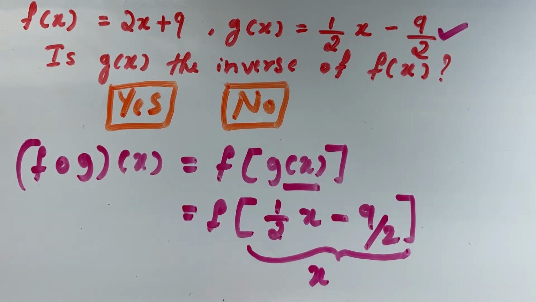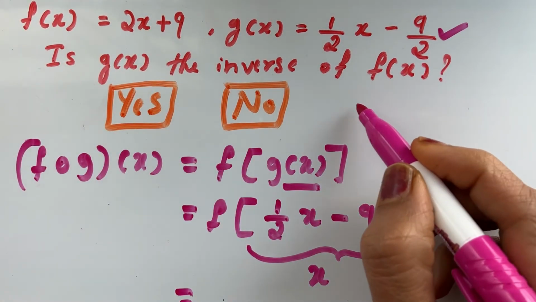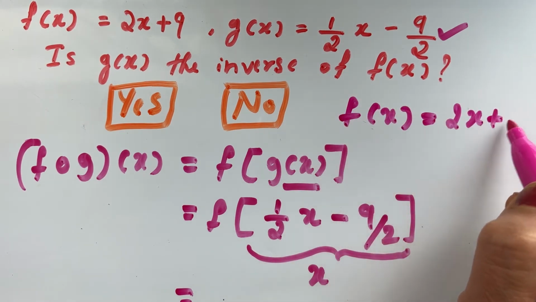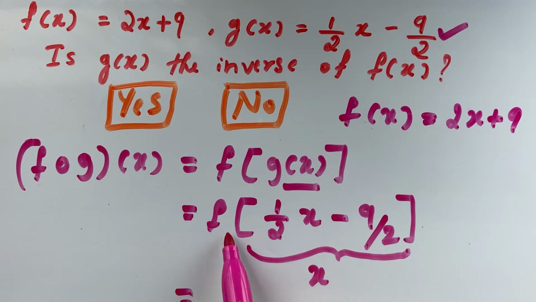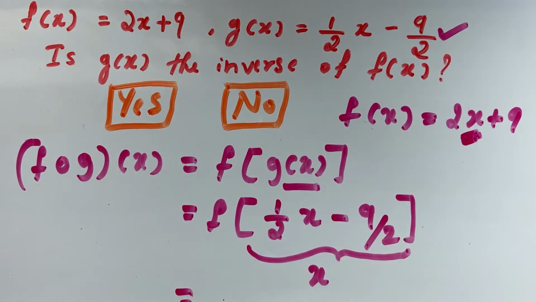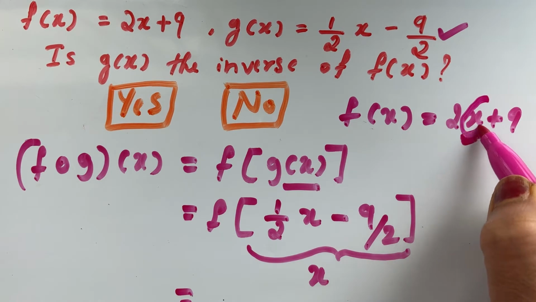Now we know that f of x is 2x plus 9. Now we have to consider this whole part as x. So put the value of x here.